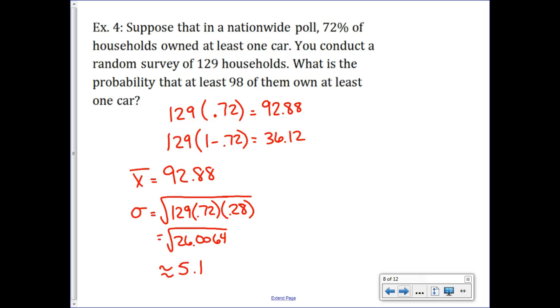Okay, so we want to know the probability that at least 98 of them own at least one car. So 92.88 is our mean.